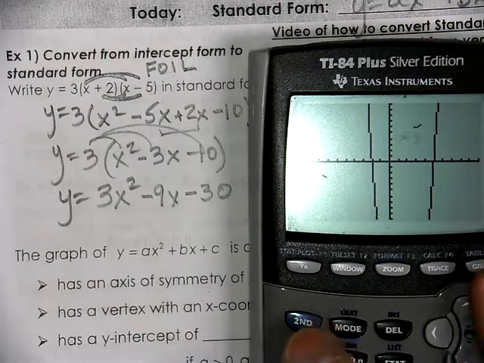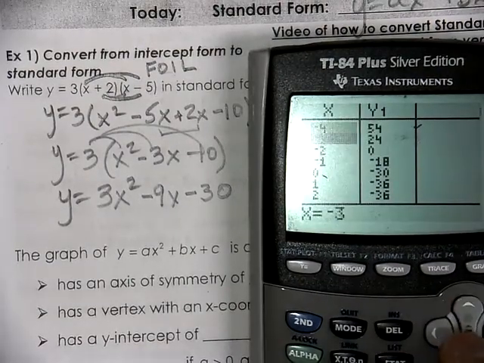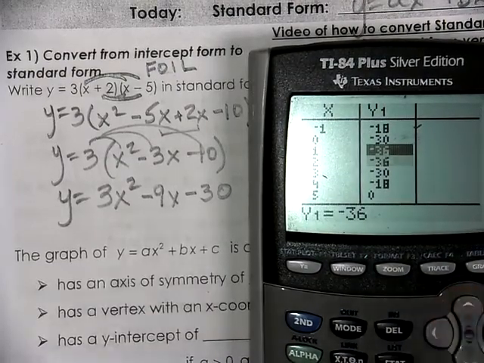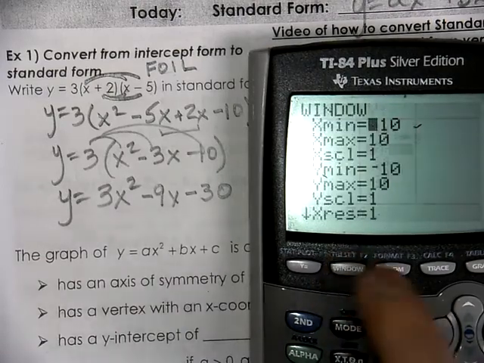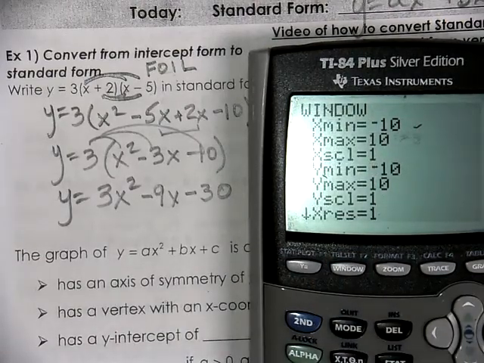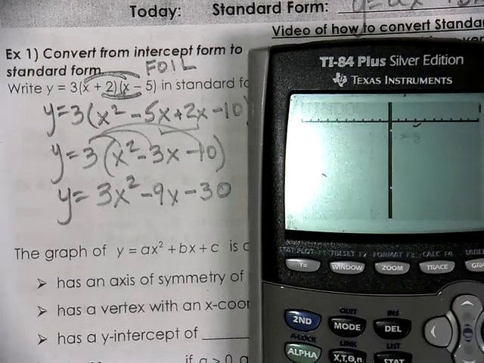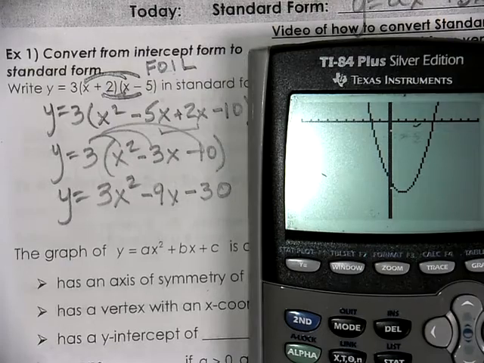By looking at the table, we can look down to see what's the smallest value that y becomes, and it looks like it's negative 36. So if it's negative 36, we can go to window to our minimum values and go to something smaller, even farther away from negative 36. You could say negative 40, you could say negative 45. I chose negative 50, and there's our graph. Now we can see the whole thing.